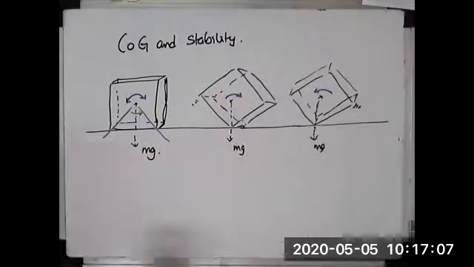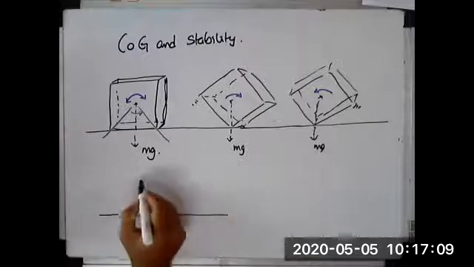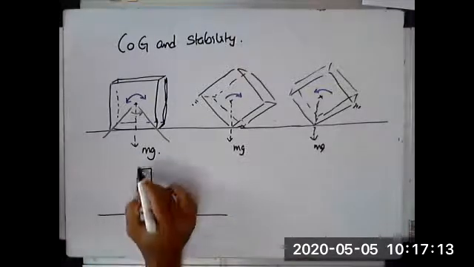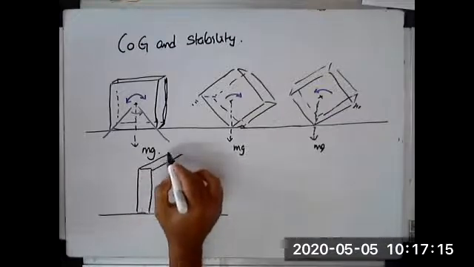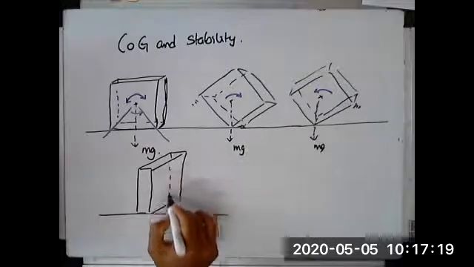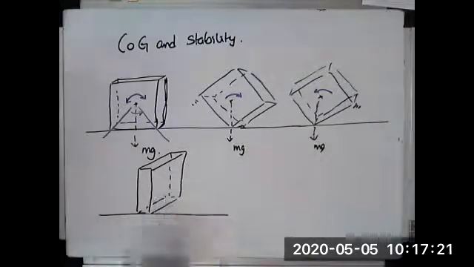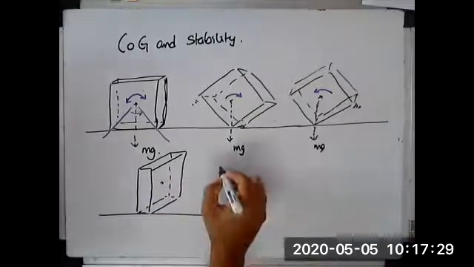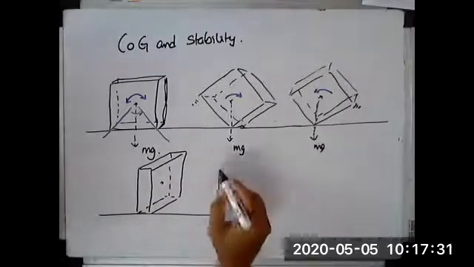Now the same object, of course, you can also turn it around to its side, like this. The center of gravity still remains here, but I can't show it in 3 dimensions anymore, so I'll just show it in 2 dimensions.